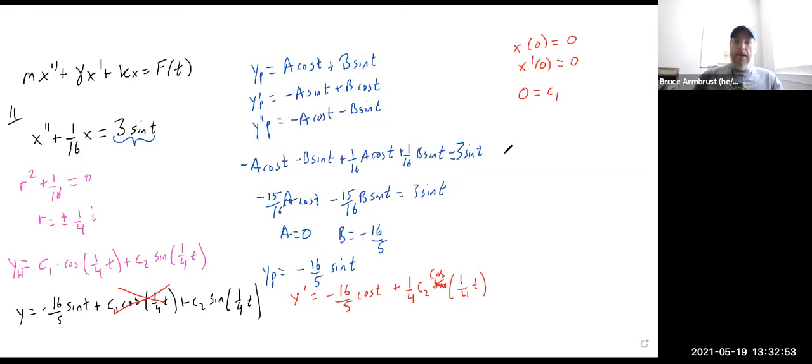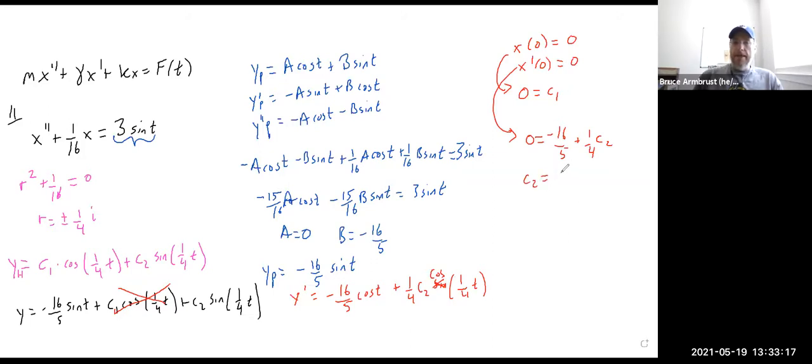All right, so when we plug in 0 for that, we have 0 equals minus 16/5 and then plus 1/4 C2, because the cosines are both equal to 1.